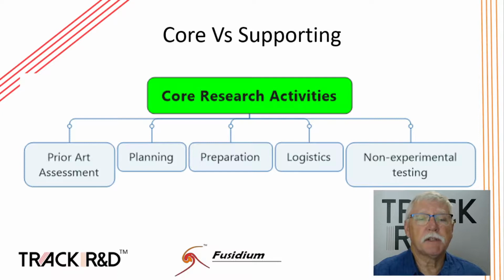Now, in most businesses, there is no discrete differentiation between what the department calls core and supporting activities. However, because of the need to define where new knowledge is created, it is important to be able to differentiate within your records the difference between the core and supporting activities if you are claiming the R&D tax incentive.